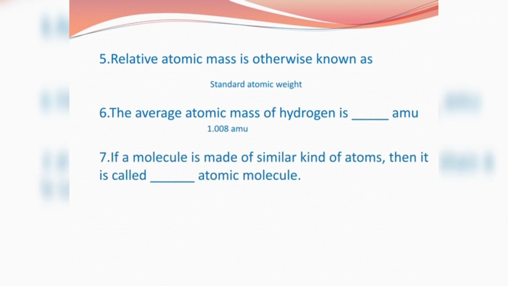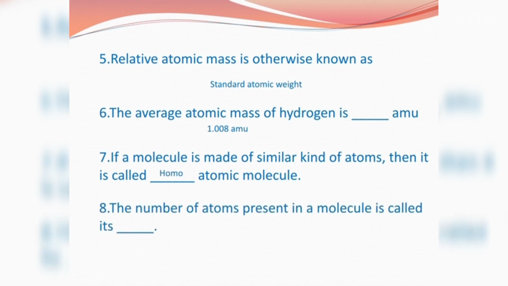If a molecule is made up of similar kinds of atoms, then it is called dash atomic molecule. Answer is homoatomic molecules. Next one: the number of atoms present in a molecule is called its atomicity.